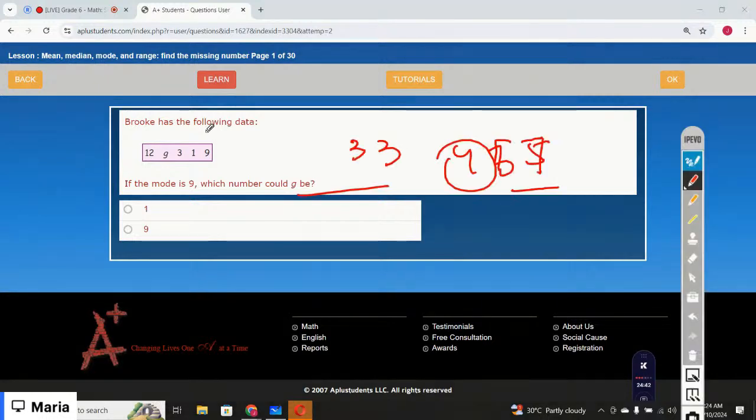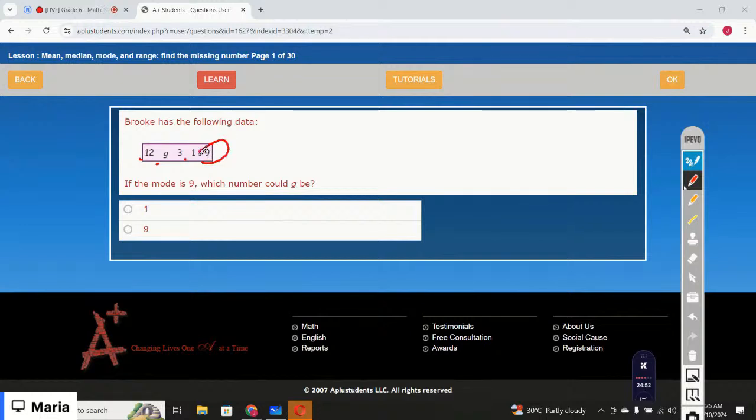You need to find the value of G. Just look at the data: 12, G, 3, 1 and 9. Mode is the number that appears the most in the given data, but 9 is only once. That means G must be 9 because the mode is 9. That means 9 appears the most in the given data.